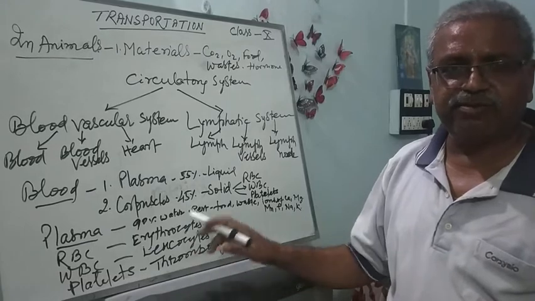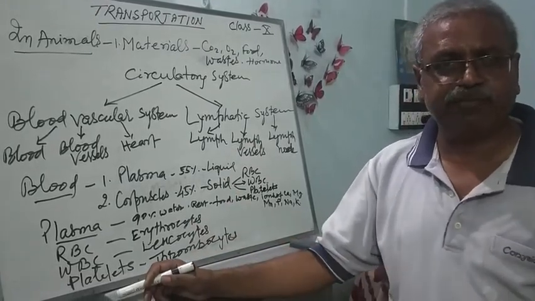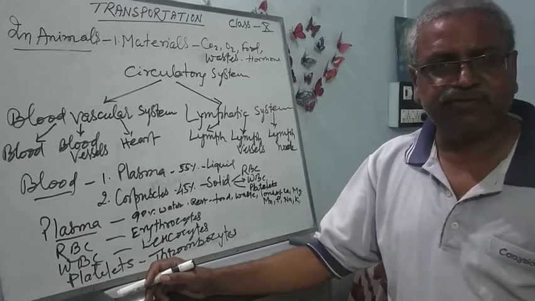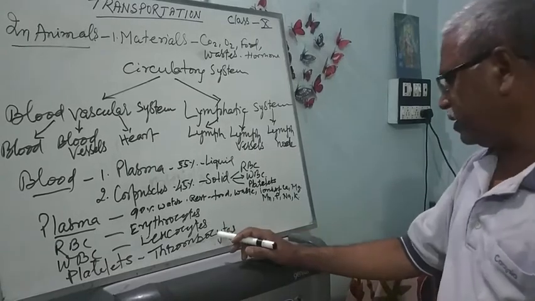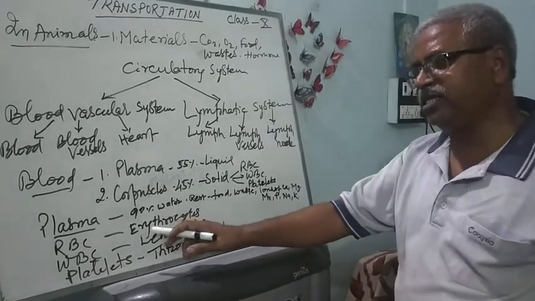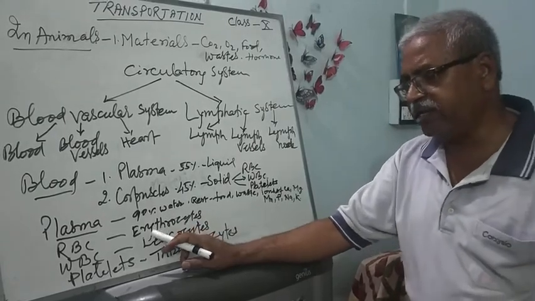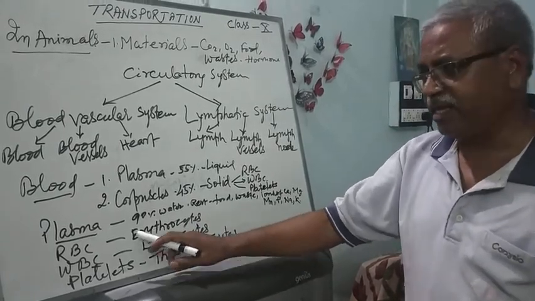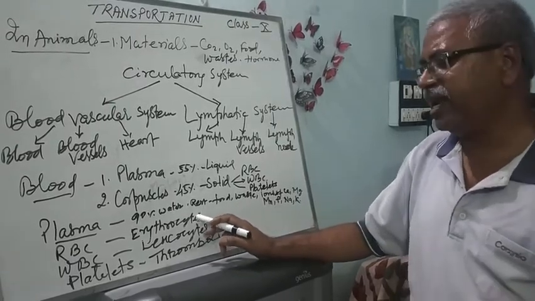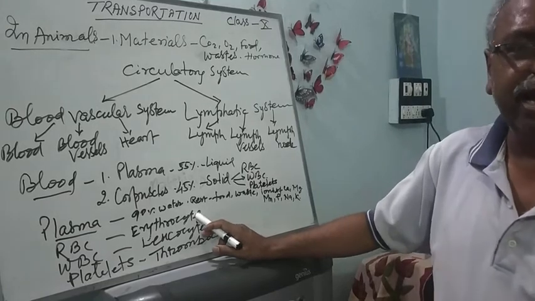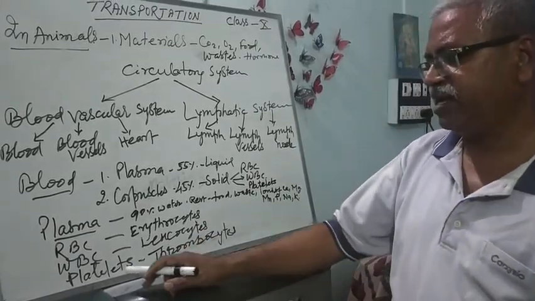Granulocytes are of three types on the basis of their nature to the pH value: acidocytes, basophils, and neutrophils. These are the three types of granulocytes, and agranulocytes are of two types: monocytes and lymphocytes.